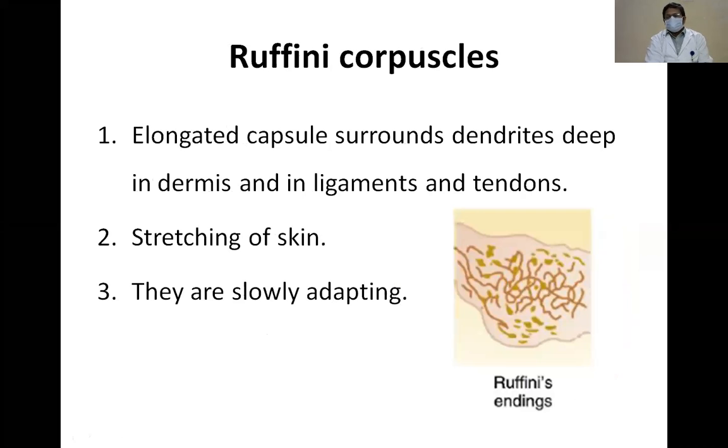Then the Ruffini corpuscles: these are elongated capsules that surround the dendrites in the deep dermis and in the ligaments and tendons. The stretching of the skin is carried by the Ruffini corpuscles. They are also slowly adapting.